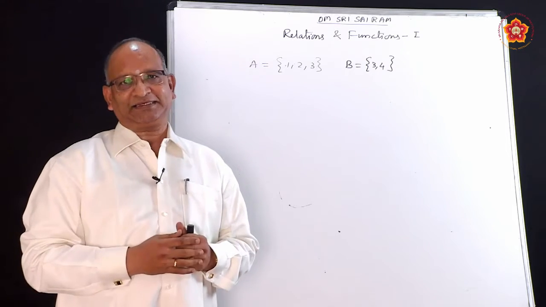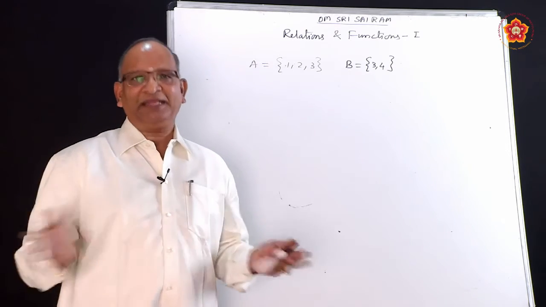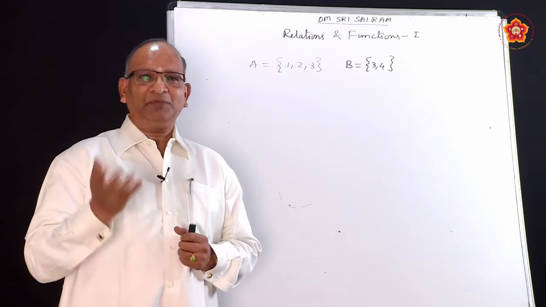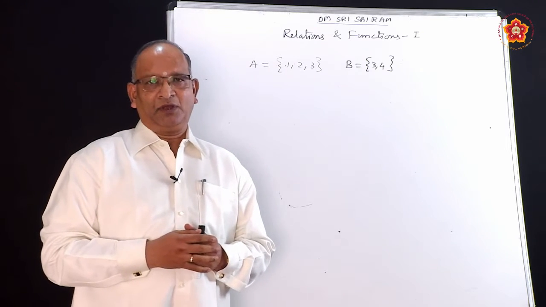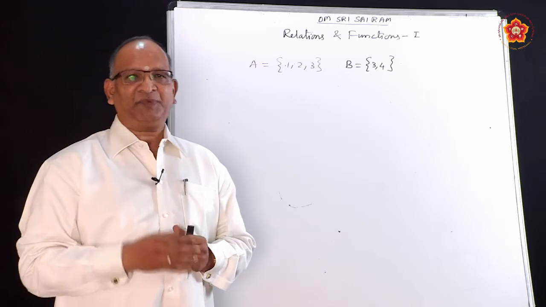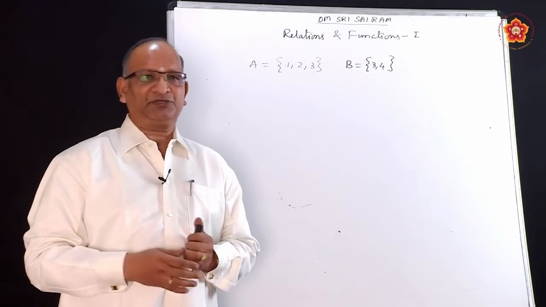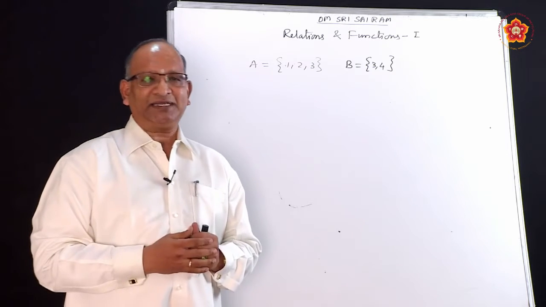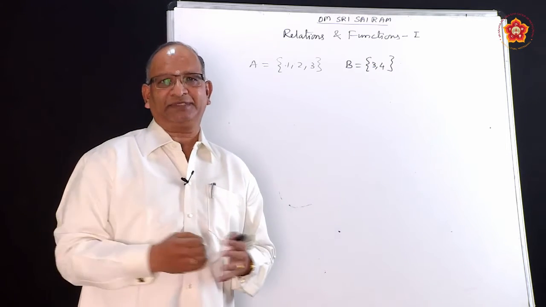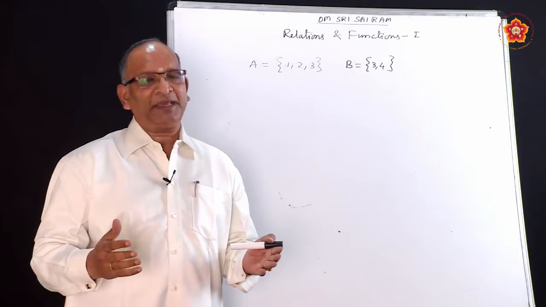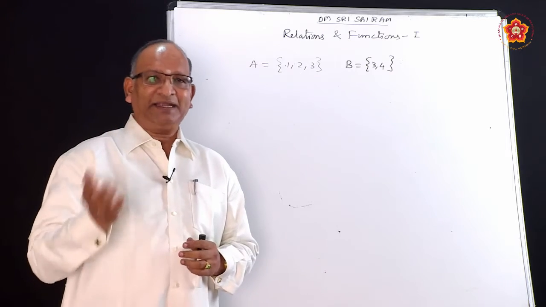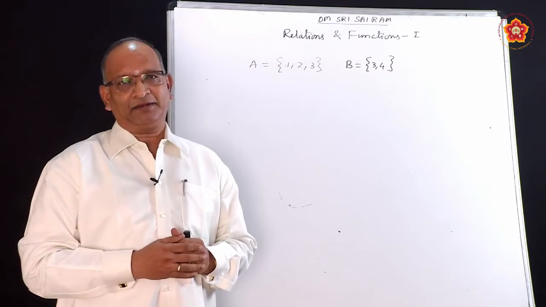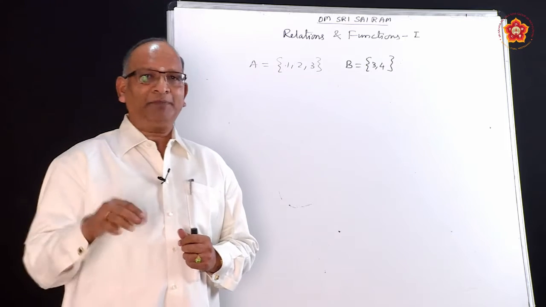After learning sets, subsets, various types of sets, we come to set operations. In set operations, we have got basically three operations you study. One is called union. What is union of two sets? Suppose A and B are two sets, then A union B is another set which contain the elements which are in A or in B or in both.